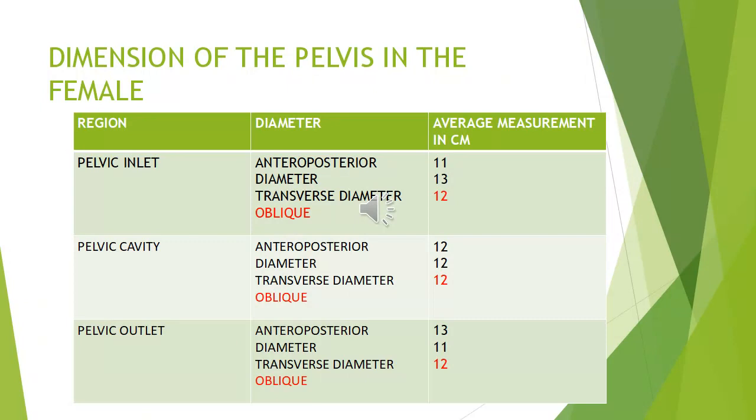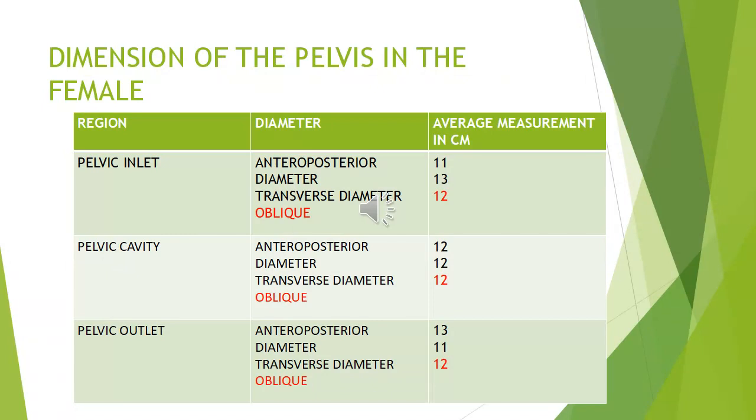Then the next one is oblique. It is from the lowest point of one sacroiliac joint to the midpoint of the opposite obturator membrane, that is, the obturator foramen on the other side. That is the oblique diameter. In the pelvic cavity of the female pelvis, all three diameters are 12 centimeter.